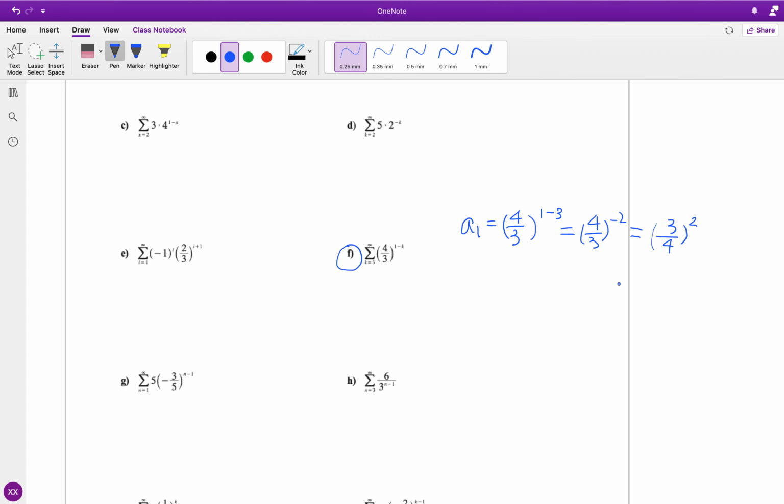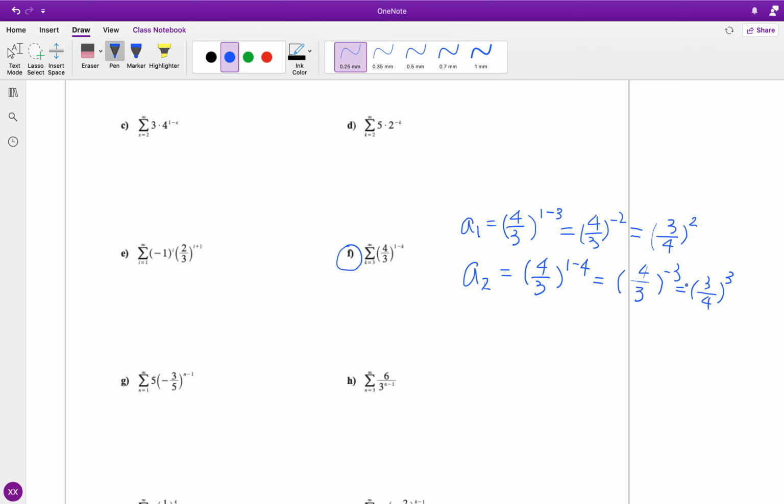So that's your a1. Now your a2, you should already know, because the a2 will be 4 over 3, so that will be 1 minus 4. In this case, that will be 4 over 3 to the power of negative 3. Again, flip, 3 over 4 to the power of positive 3.